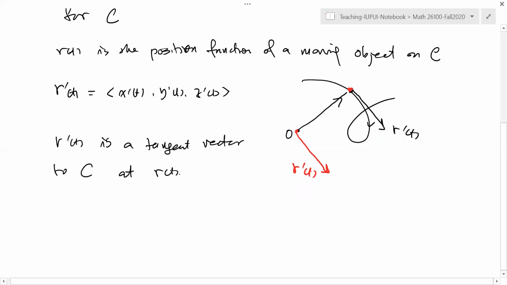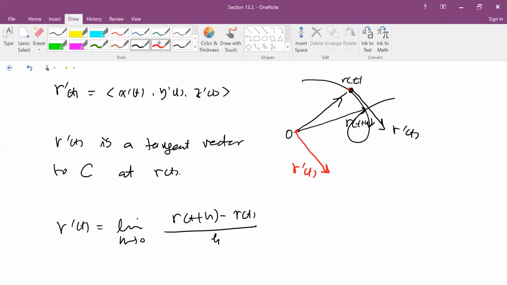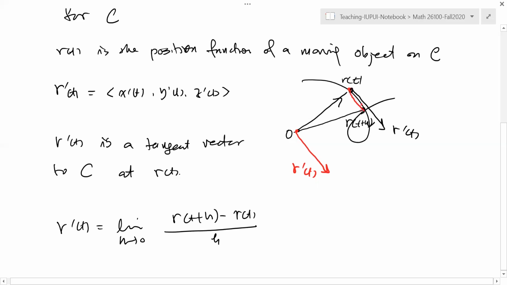Why is it a tangent vector? There is a reason. How do you get this? This is at time t, and this is r(t), and this is r(t+h), where h is an arbitrary small number. Then you use the difference: r'(t) is the limit as h approaches 0 of [r(t+h) - r(t)]/h. The numerator is this vector, but it is divided by h.